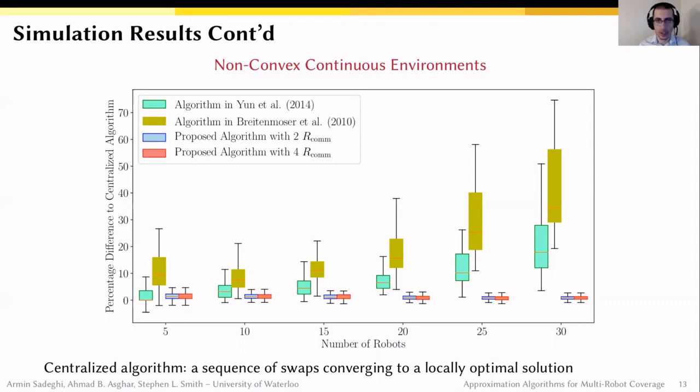As shown here, our algorithm outperforms both algorithms, regardless of the number of robots and the communication range. It performs much better when the number of robots increases, because the other algorithms will be stuck in a locally optimal solution. However, by breaking down the moves into local moves, our algorithm is able to escape these local optimal solutions and approach a globally optimal solution.